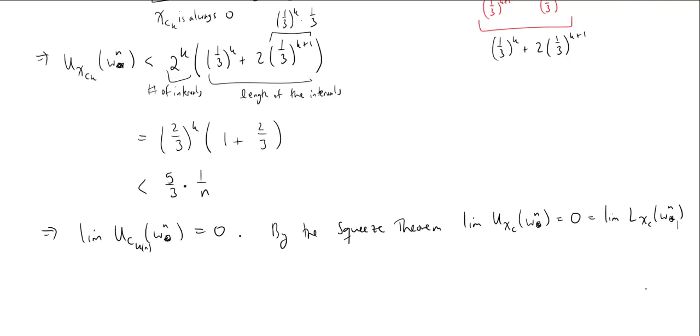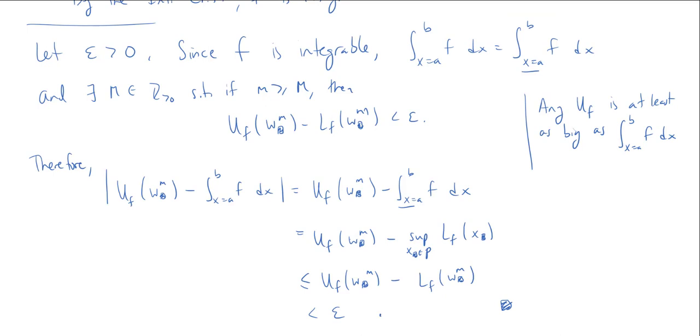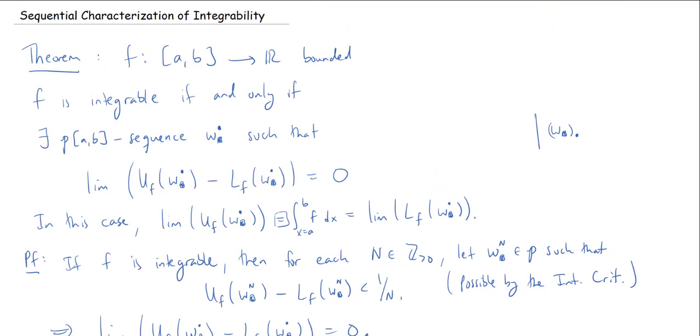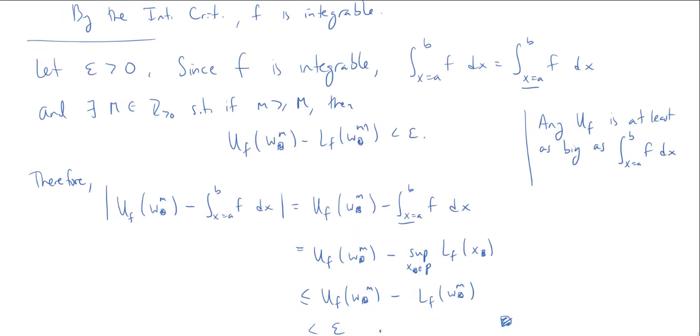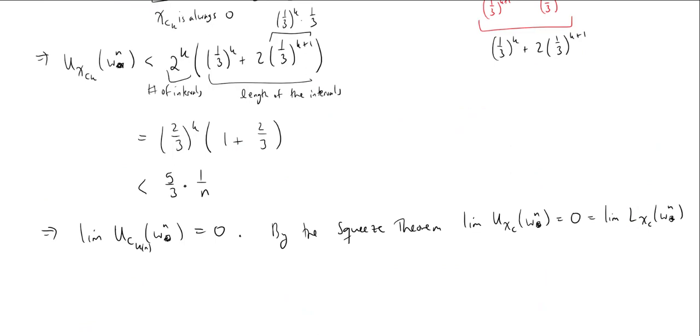And this gets us back to our previous video on the sequential characterization of integrability, which said that a function was integrable if and only if there was a sequence of partitions such that the limit of the difference of the upper sum and the lower sum applied to that partition was 0. Well, we know that, in fact, individually, these limits are 0.